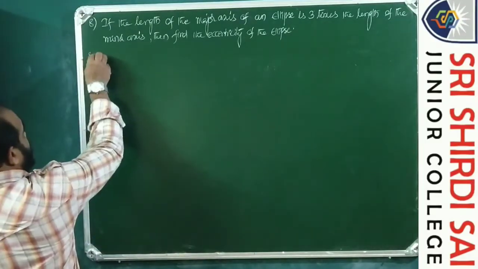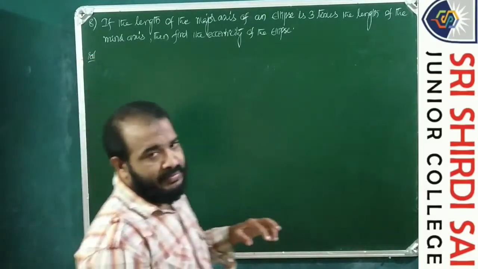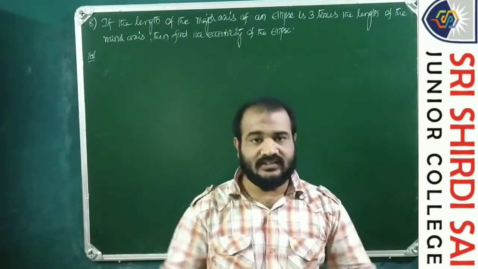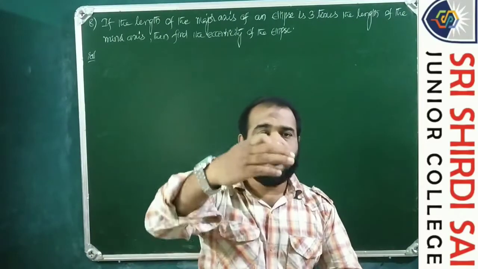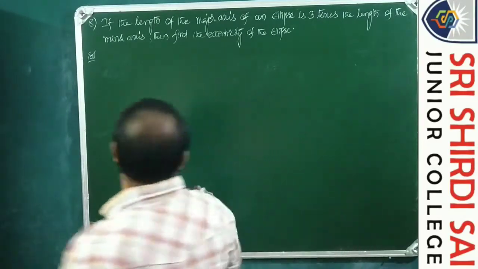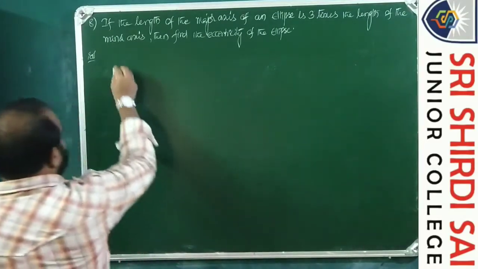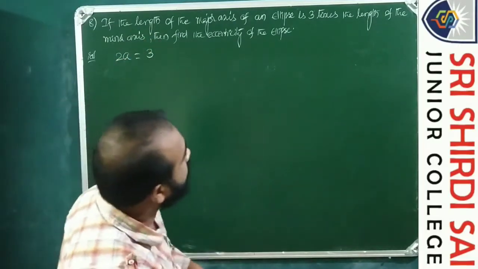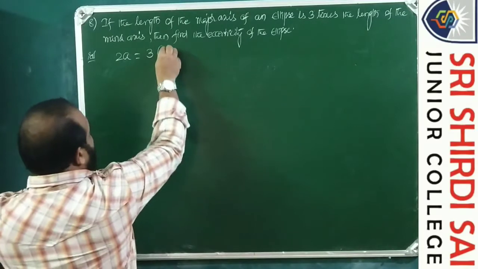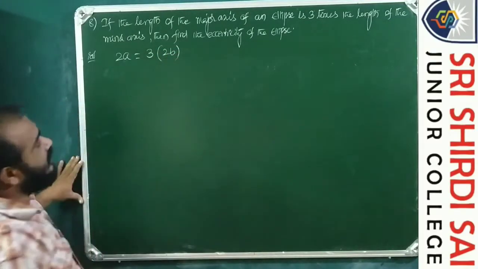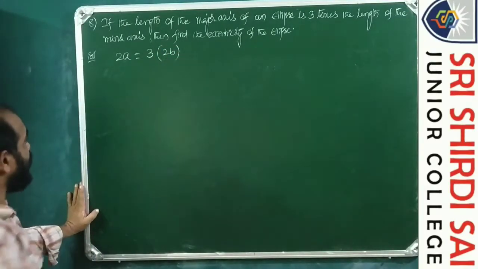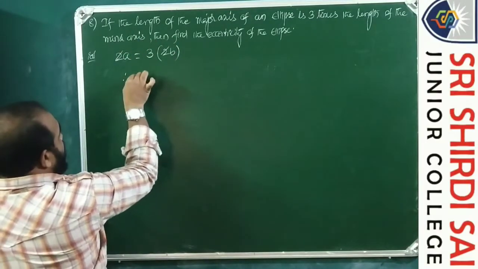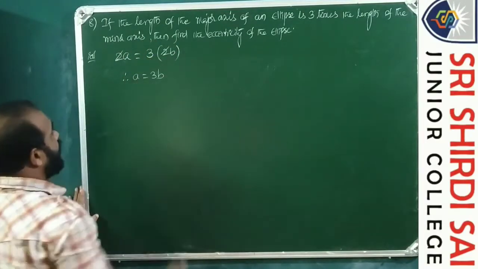So for a greater than b, the major axis is along the x-axis and the minor axis is along the y-axis. So the length of the major axis, 2a, is 3 times the length of the minor axis, which is 2b. This is the condition given. So here 2 gets cancelled. Therefore a is equal to 3b.